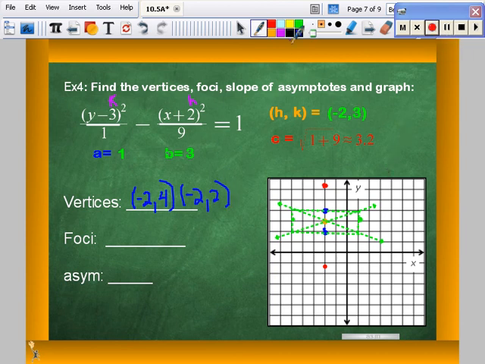Let's go ahead and do the foci. We have -2, and how far up did I go? Let's count them together. 1, 2, 3, 4, 5, 6, and of course that 0.2. And then the other one we have is -2, and -0.2.